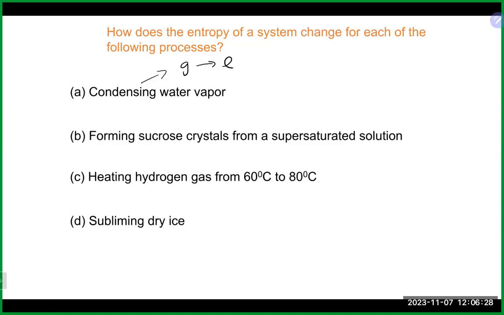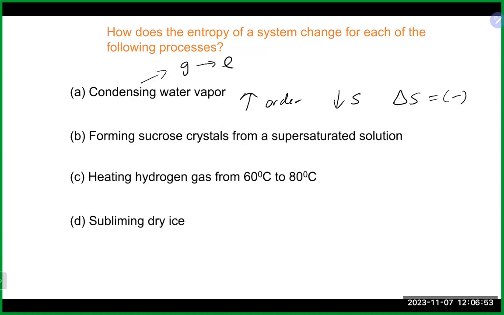Instead of gas molecules flying around, everybody slowed down and went into the liquid phase, so that would definitely increase the order. That means we should see a decrease in the entropy, and the delta S should be negative. Again, when we create more order, we end up with a delta S that is negative.